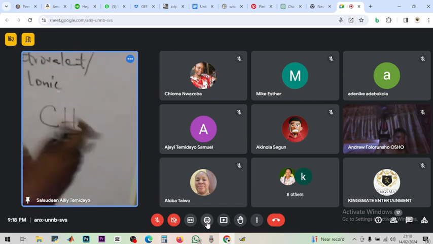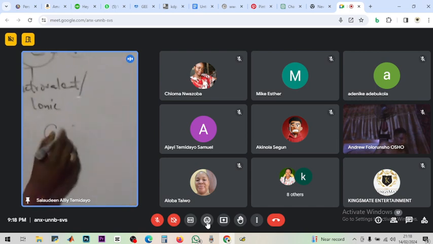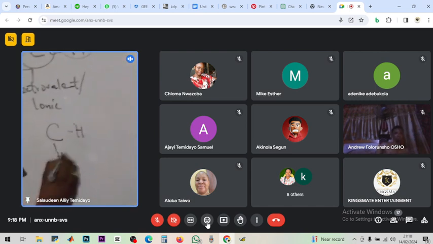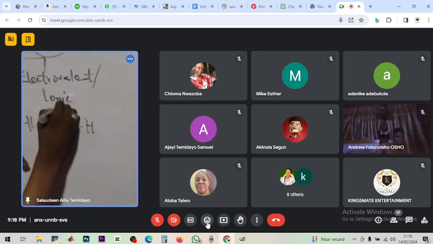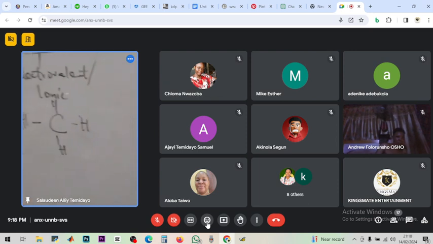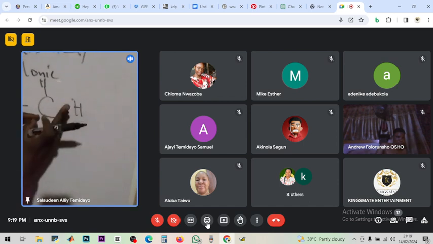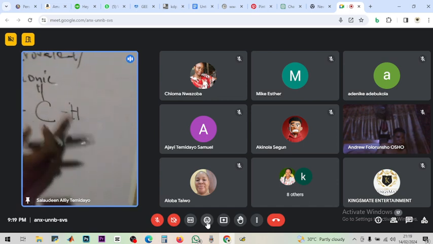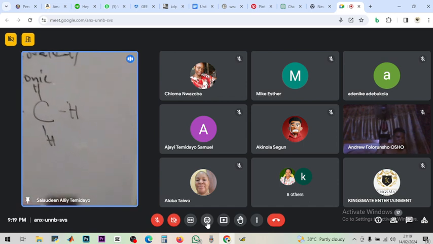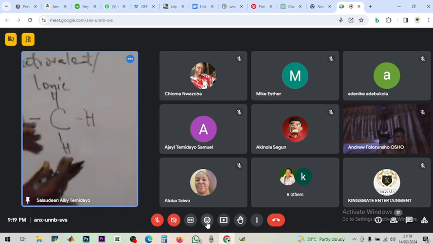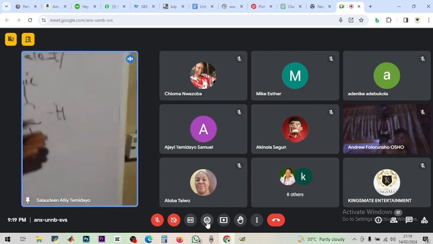Carbon will be at the middle, and the four hydrogens will be distributed like this: first hydrogen, second hydrogen, third hydrogen, and the fourth hydrogen. So we believe that there is a force that keeps these hydrogens in place, like a centripetal force that makes something keep moving in a circle.